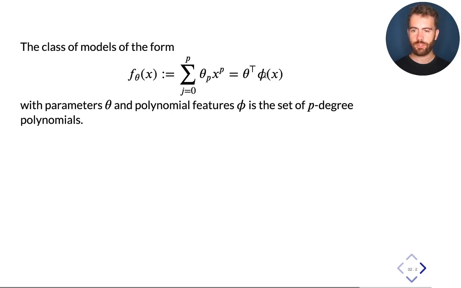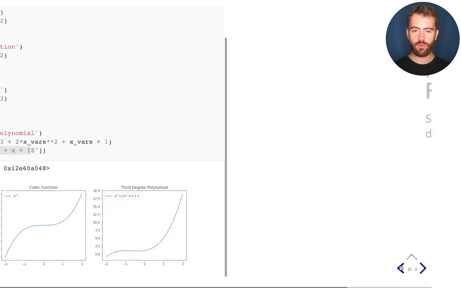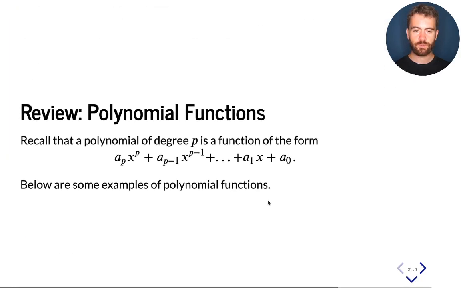And if we plug in here our definition of the polynomial features, we have the following expression. This is just plugging in the features that we had on the previous slide into the definition of a linear model. And now you can see that the term that we have here is simply a polynomial of degree p. This is exactly the definition that we had earlier on this slide, a function of this form, which is simply a polynomial of degree p.